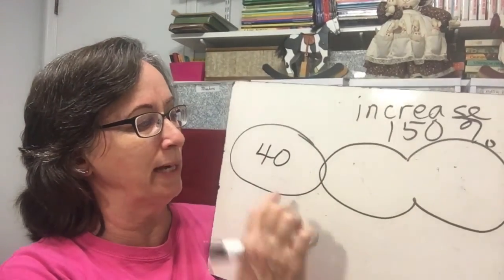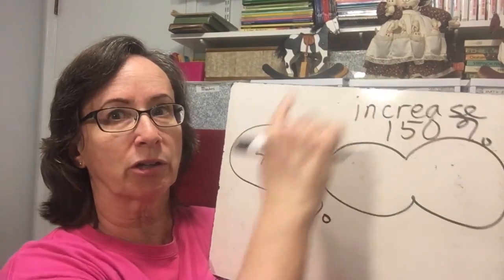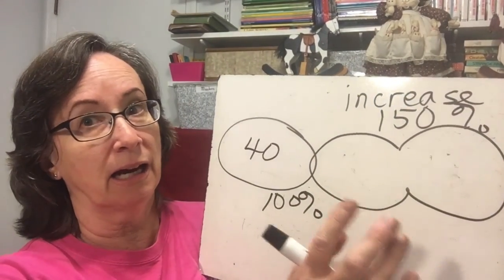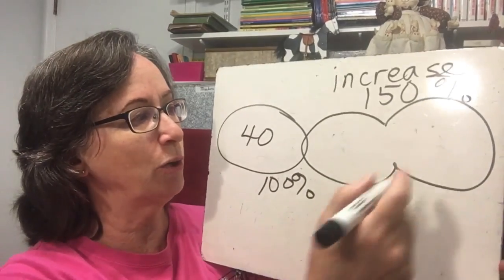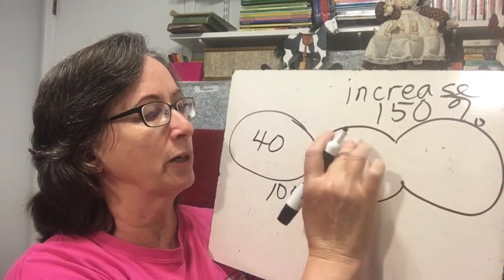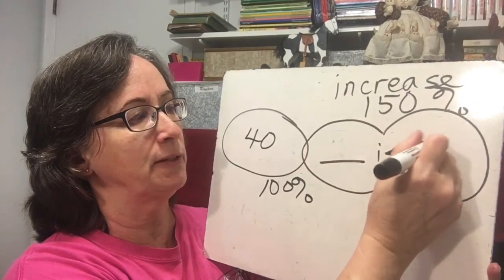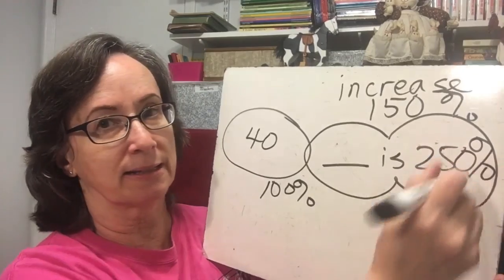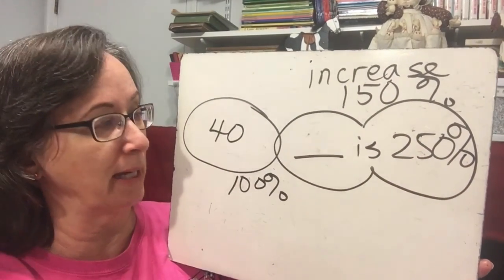So if this was the original 100%, and we're increased by 150%, 100 plus 150 is 250%. So we're going to say, what is 250%?